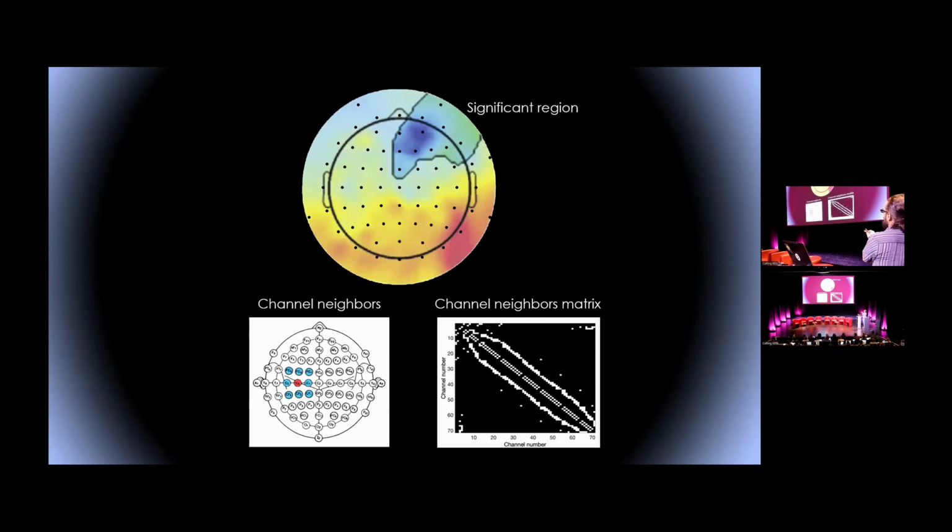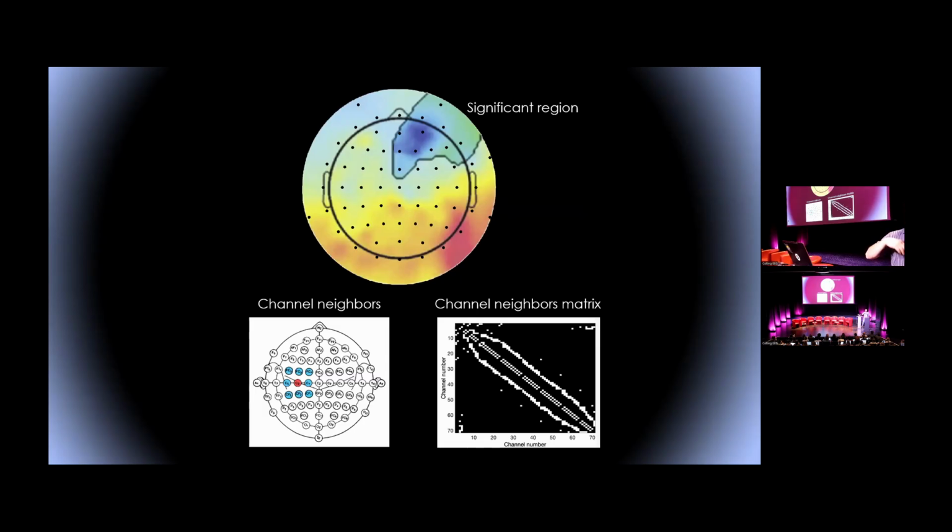For example, here, we can define a channel neighbor matrix. We can say, okay, what are the neighbors of this channel right here, C3? Well, this is the group of channels which are the neighbors. So we get this channel neighbor matrix, and then we can do the clustering in that space of neighboring channels. So it doesn't have to be contiguous in the time frequency plane or in the time plane.